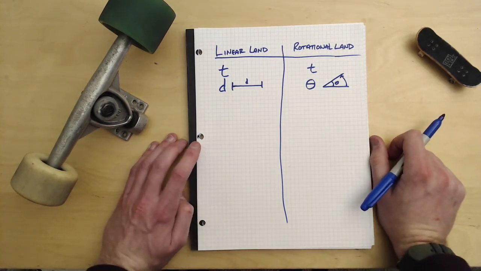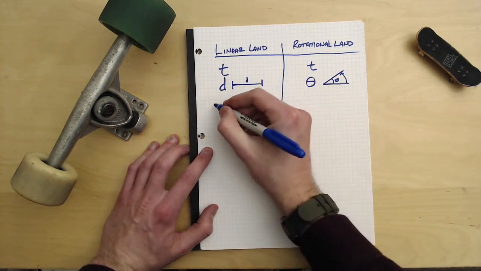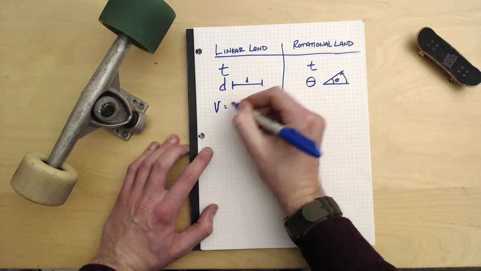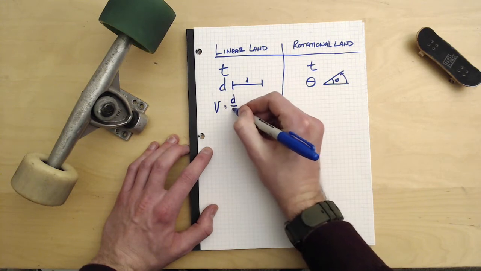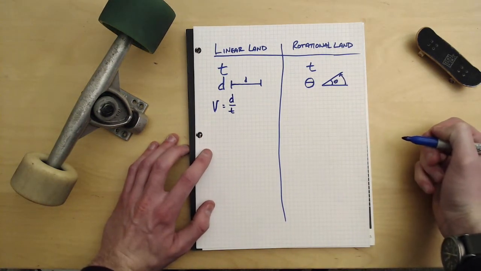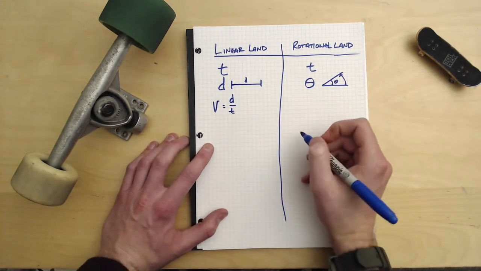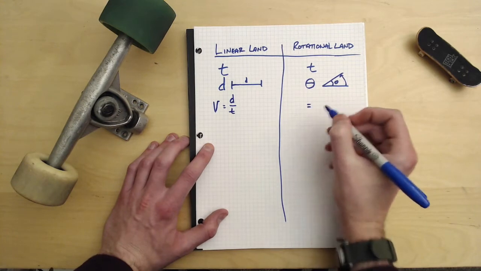Next, the variable that we met was velocity, and we learned that velocity was distance divided by time. It was how fast something was going. So following this same equation, we need something for velocity over here.